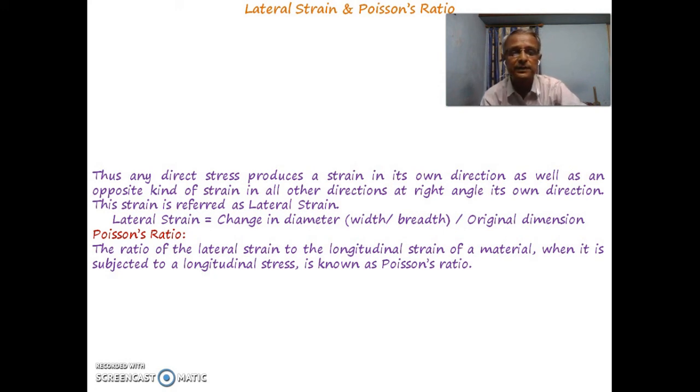So what was longitudinal strain? If the force is applied along the axis of a member of length L, then delta L divided by L is the longitudinal strain. And if the cross section is a circle of diameter d, and the diameter changes by delta d, then delta d divided by the original diameter d is the lateral strain.